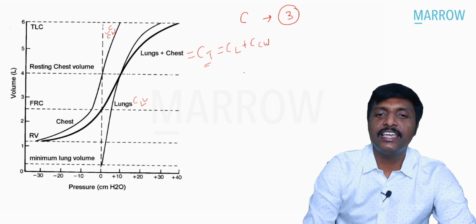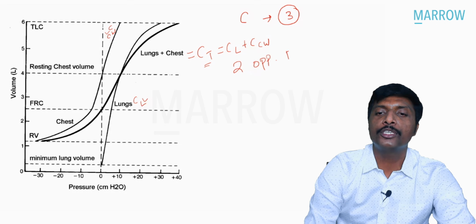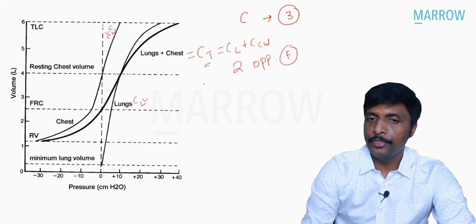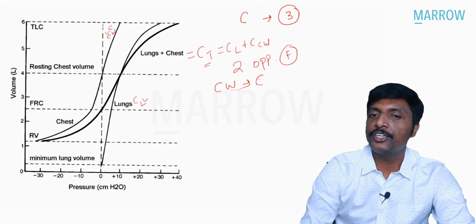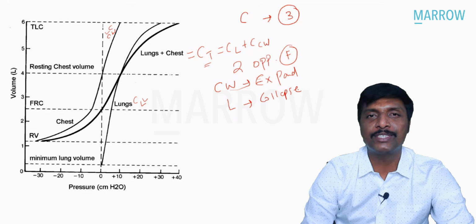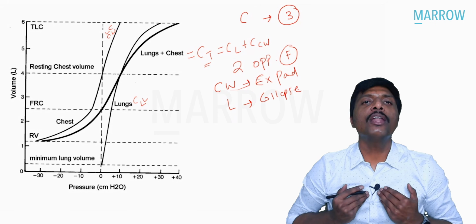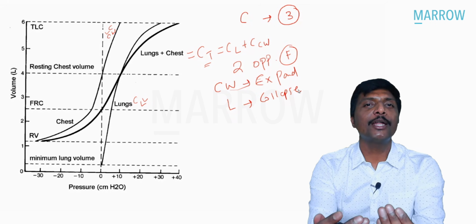We are clearly seeing in lung there are always two opposing forces. The first one is the chest wall. It always tries to expand out. The second one is the lung. It always tries to collapse inside. Chest wall has a normal tendency to expand outside.